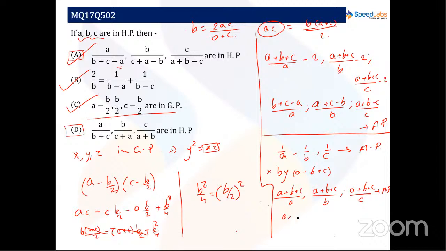Adding minus 1 to each term, we get (B plus C) upon A, (A plus C) upon B, and (A plus B) upon C in AP. So their reciprocals are in HP. So our option D is also correct. From here we can say that all four options are correct.